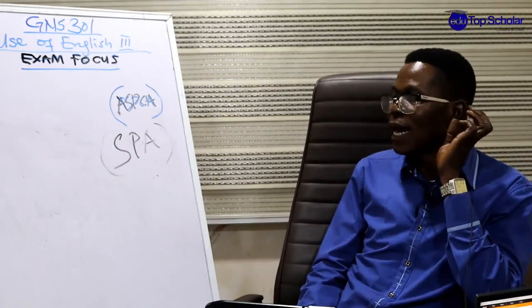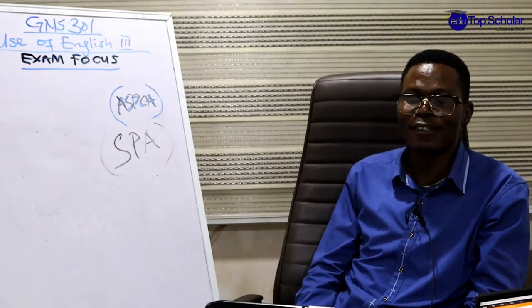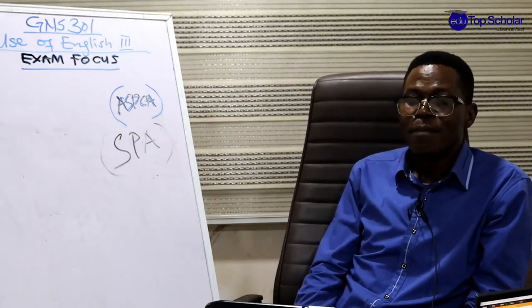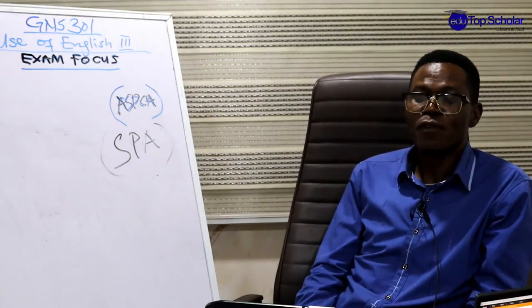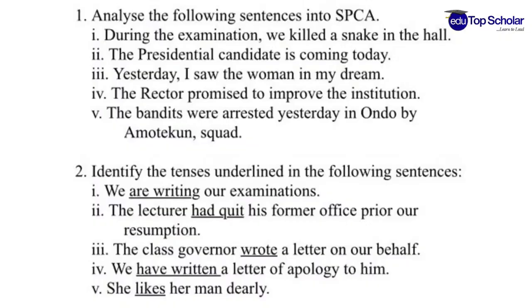So whenever we have a preposition introducing a group of words, most of the time we have a prepositional phrase, and prepositional phrases perform the function of adverb. We can also call them adverbial phrases. So that's an adjunct. By Amotekun Squad is an adjunct. So here we have subject, S, P, A. In that sentence, we do not have a complement at all.